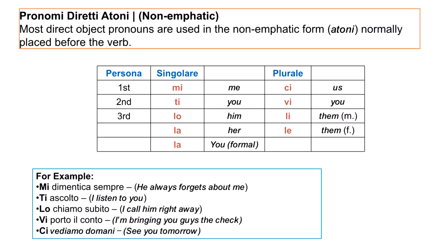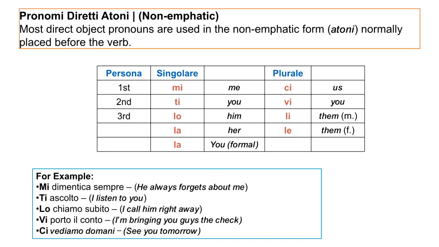Let me give you a few examples. Notice that they are non-emphatic, so that means that the pronoun is not at the end of the sentence. Yeah, well, the translation into English might be at the end of the sentence, but not in Italian. It's not emphatic.